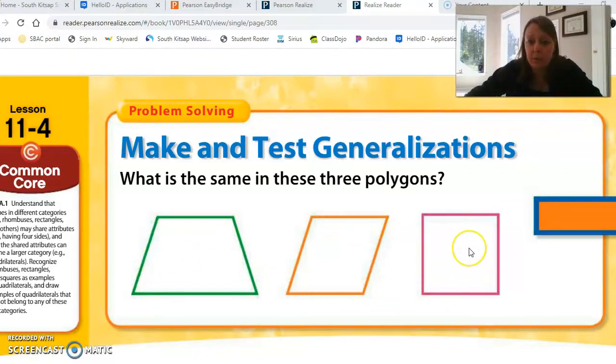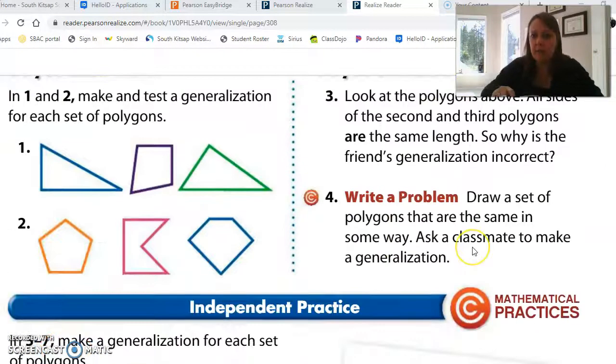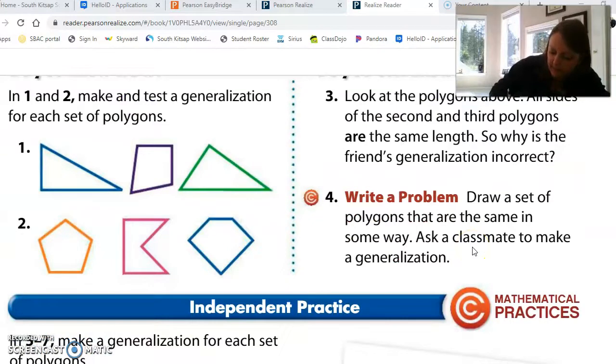A trapezoid only has, so I'm going to come back down here, a trapezoid only has one pair of same length sides.